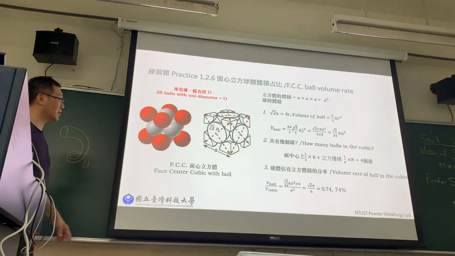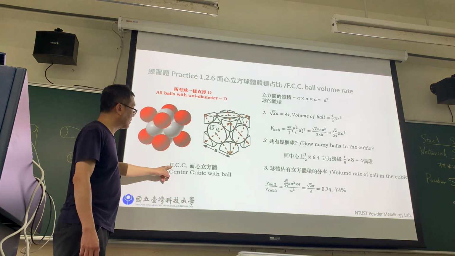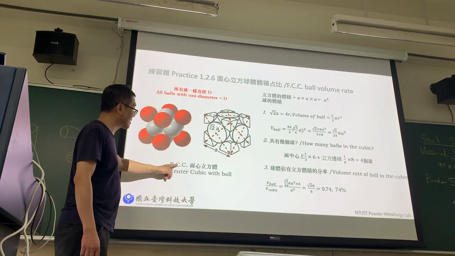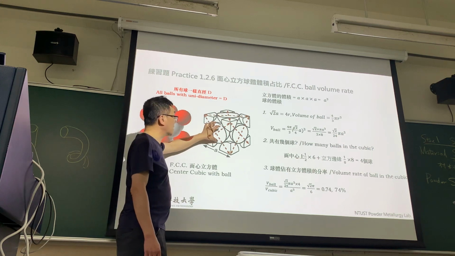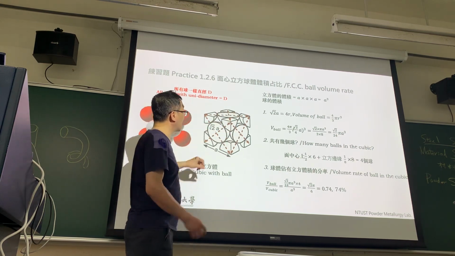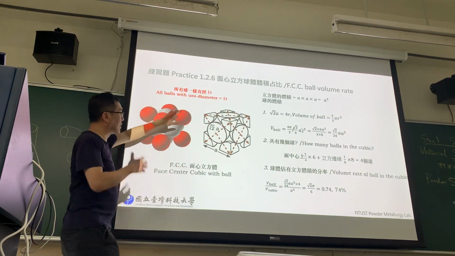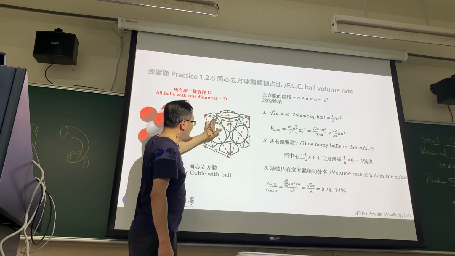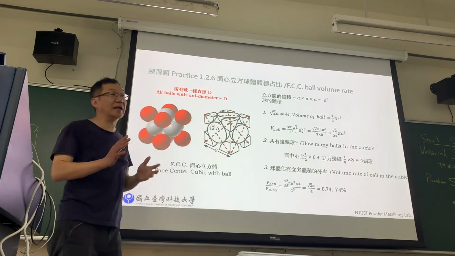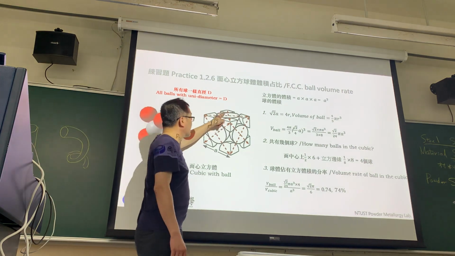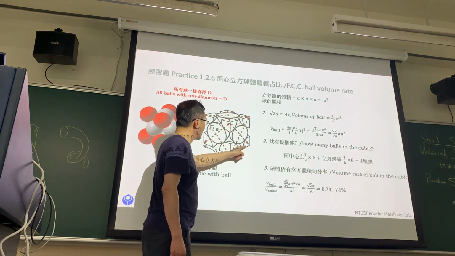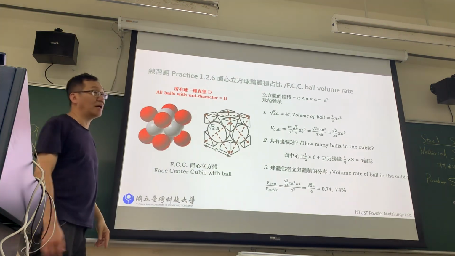And this one, we call face centered cubic. We put down the powder on the sides. So we have 6 faces, 1, 2, 3, 4, 5, 6, but we have 8 corners, 1, 2, 3, 4, 5, 6, 7, 8. So totally how many balls?